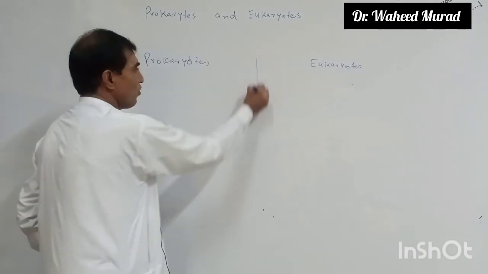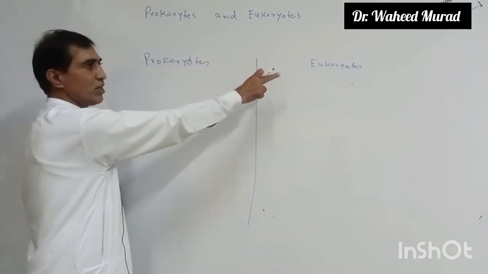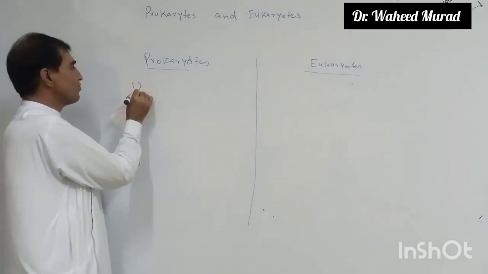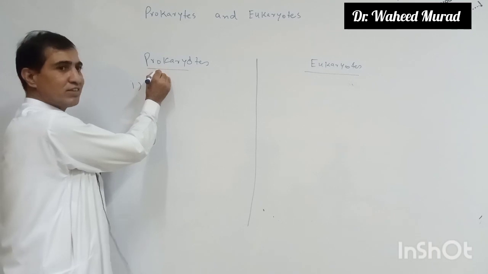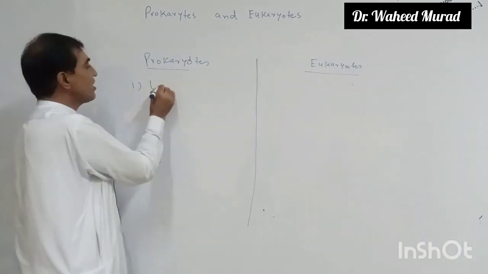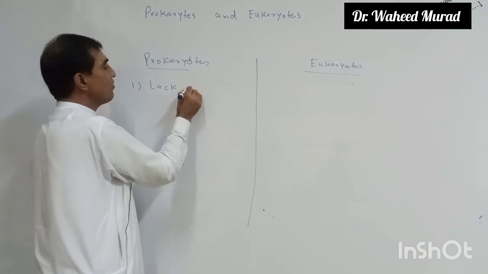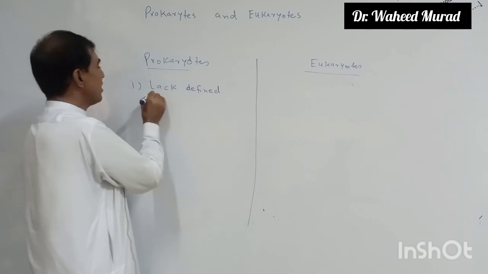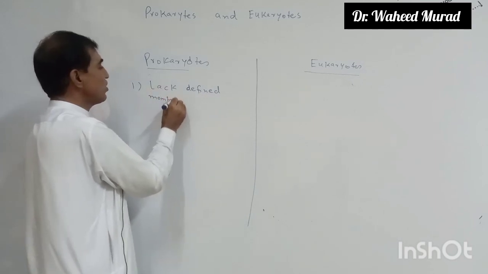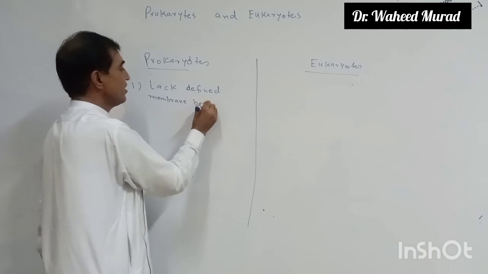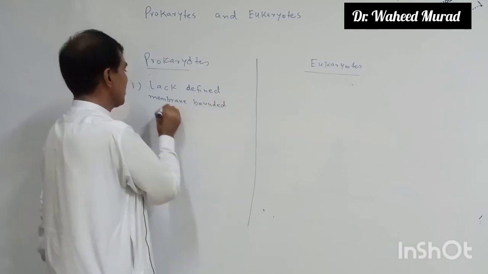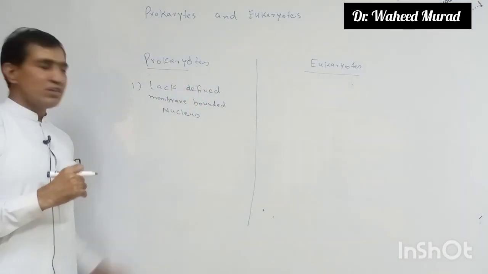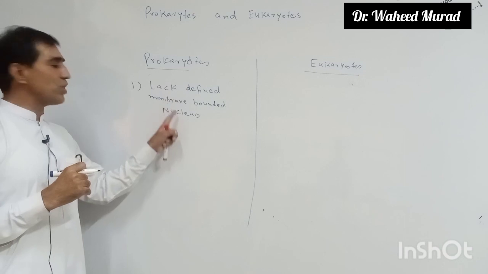So the first difference between prokaryotic organisms and eukaryotic organisms: prokaryotic cells lack a well-defined membrane-bounded nucleus. These cells are without nuclei.